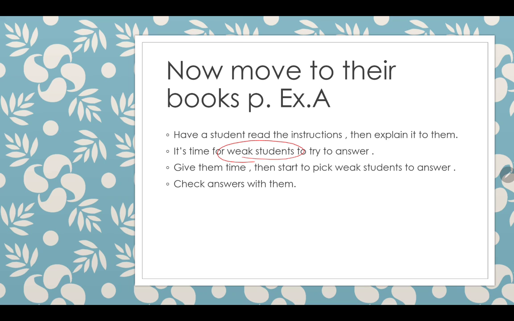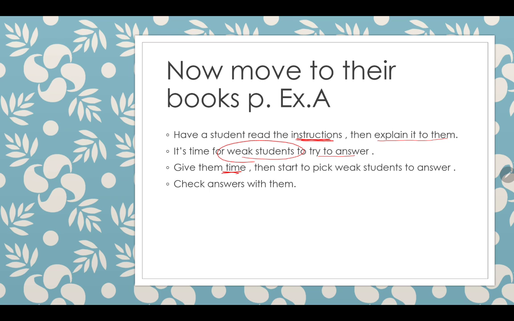So have a student read the instructions. It's very important to read the instructions carefully and slowly and explain them to the students. So it's time for the weak students to try to answer now, to check if they get the idea or not. Give them time, for example, 5 to 7 minutes for this exercise.